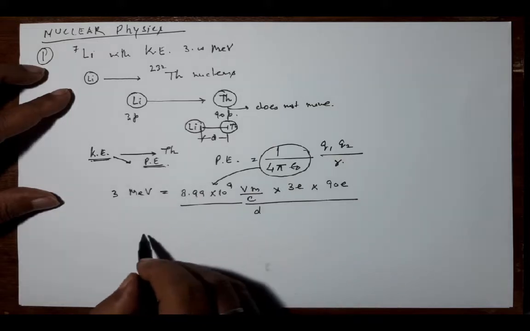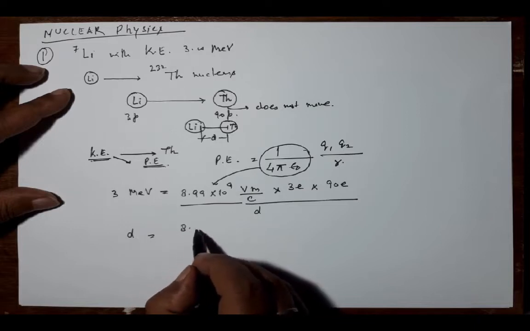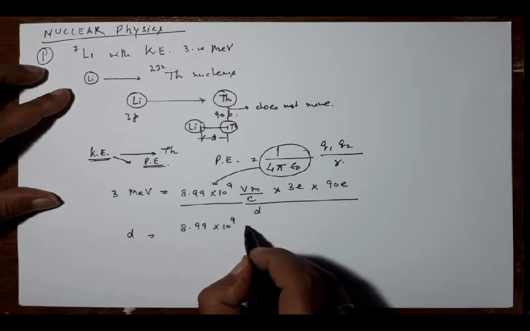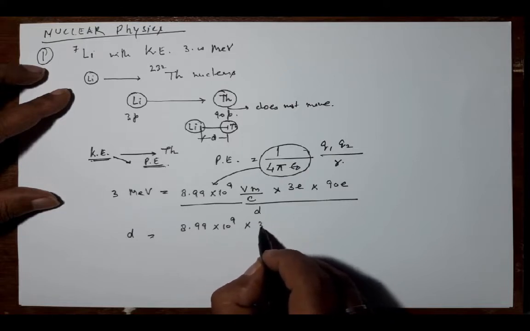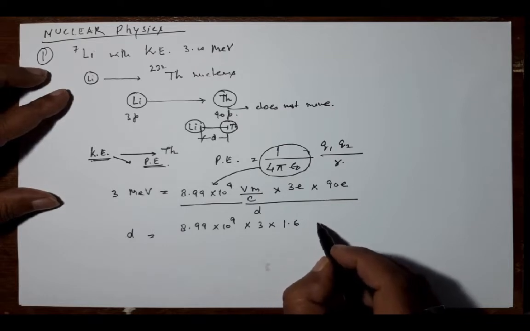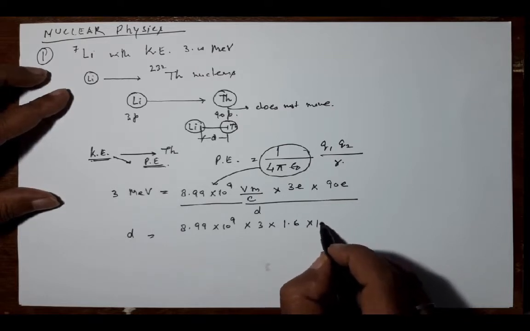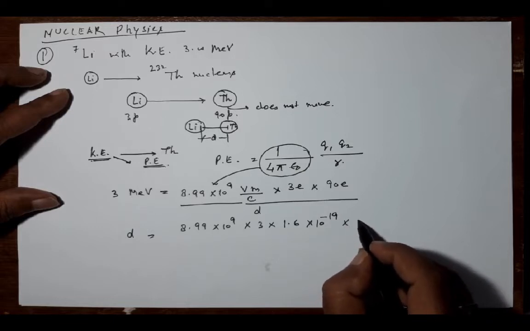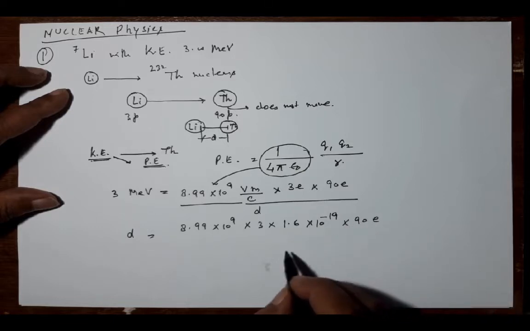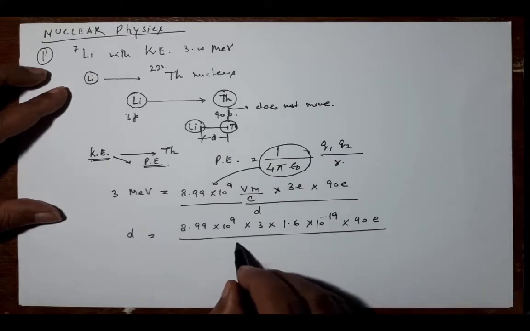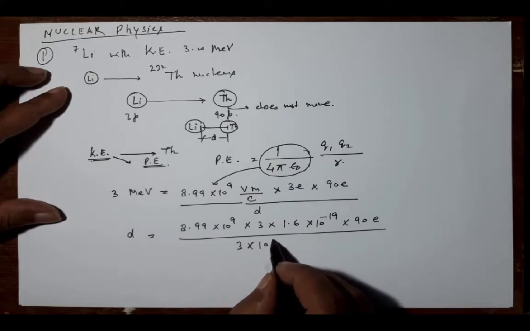By rearranging, we can find out D is equal to 8.99 into 10 raised to 9 into 3 into e, which is 1.6 into 10 raised to minus 19, into 90e, divided by 3 into 10 raised to 6.